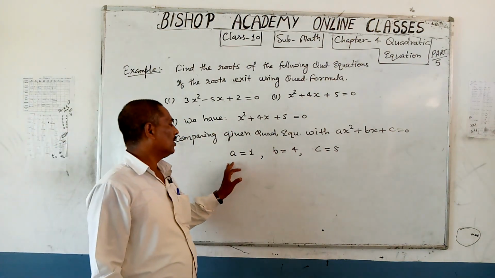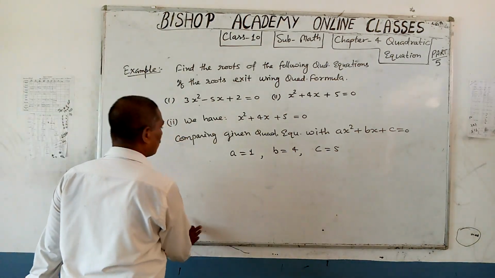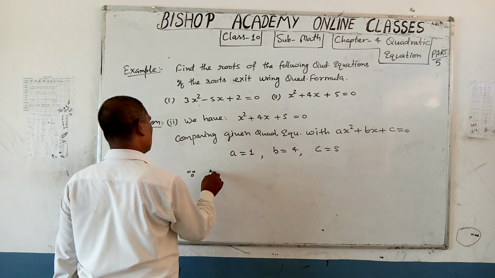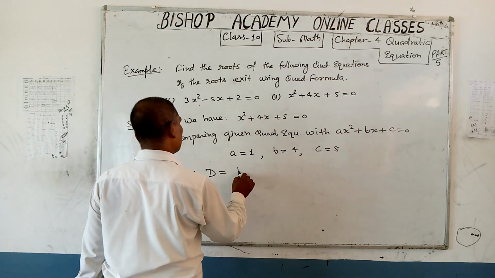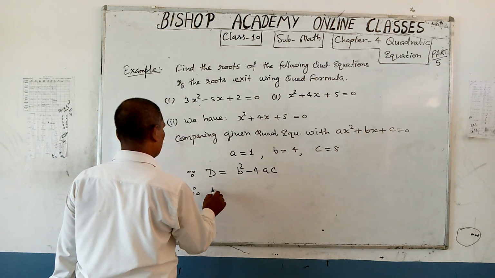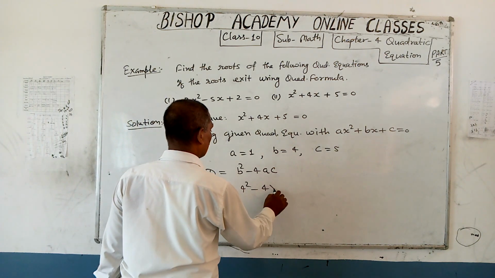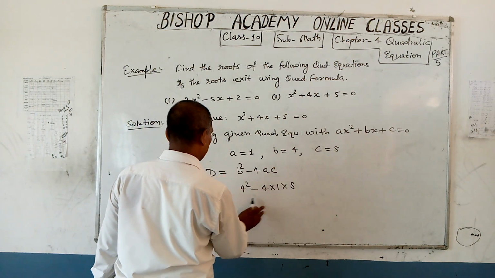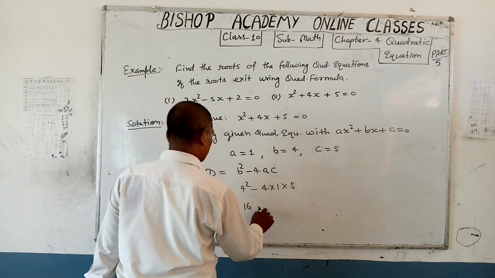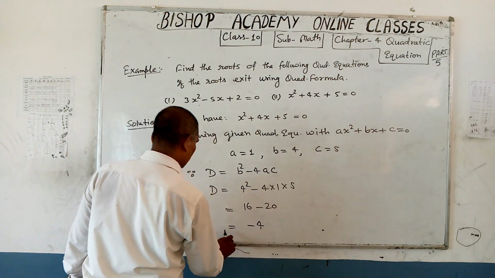So with the help of the values of a, b and c, let us find the discriminant of the quadratic equation. Since D is equal to b square minus 4ac, D is equal to 4 square minus 4 multiply 1 multiply 5, which means 16 minus 20, which is equal to minus 4.